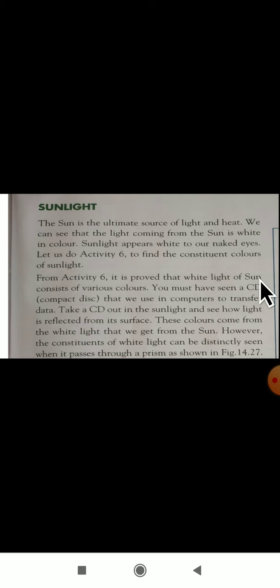We'll see one activity here to find the constituent colors of sunlight. Actually, in sunlight many colors are present, but to our naked eyes it appears white. It has several colors in it, so we'll see this with one activity.